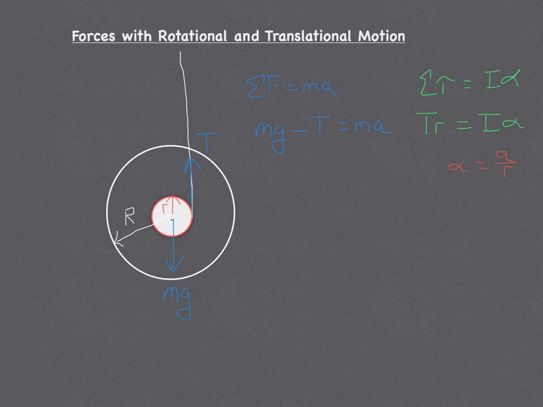Okay, so we make this substitution into here. And we can combine the r's on the other side. The next step in this type of problem is to add the two equations together.